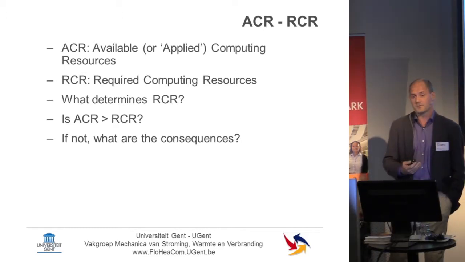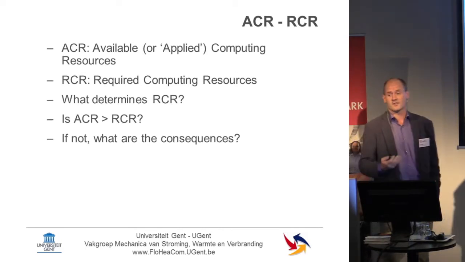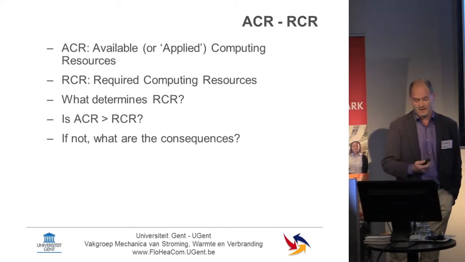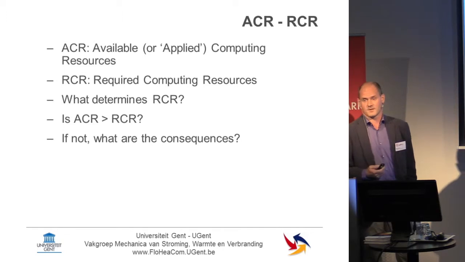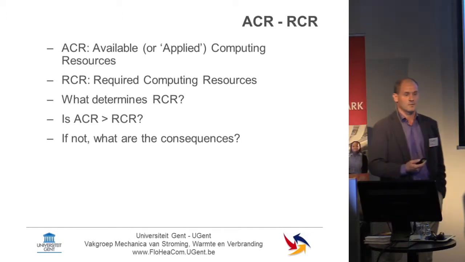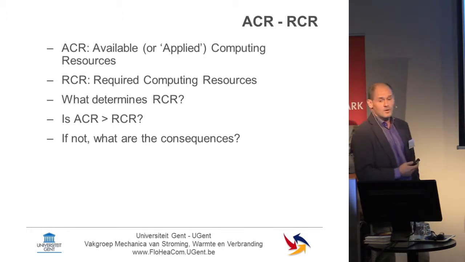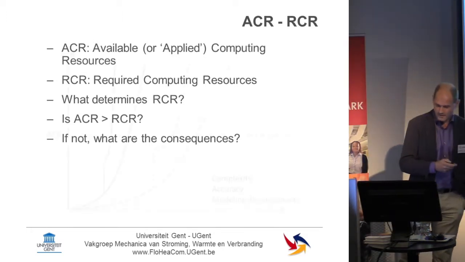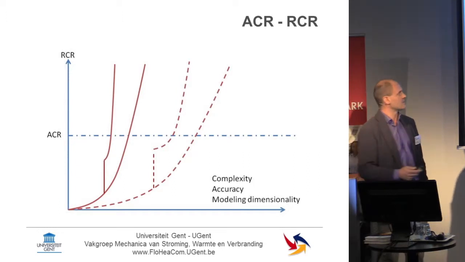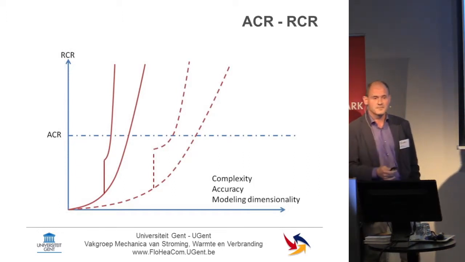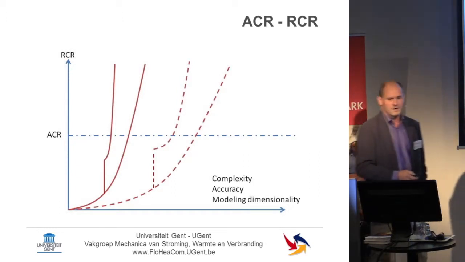Now, an important question that arises here is whether what is available is appropriate. If we have too much, how do we deal with that? I'd like to just dwell on that. This is a principle, a graph of principle.